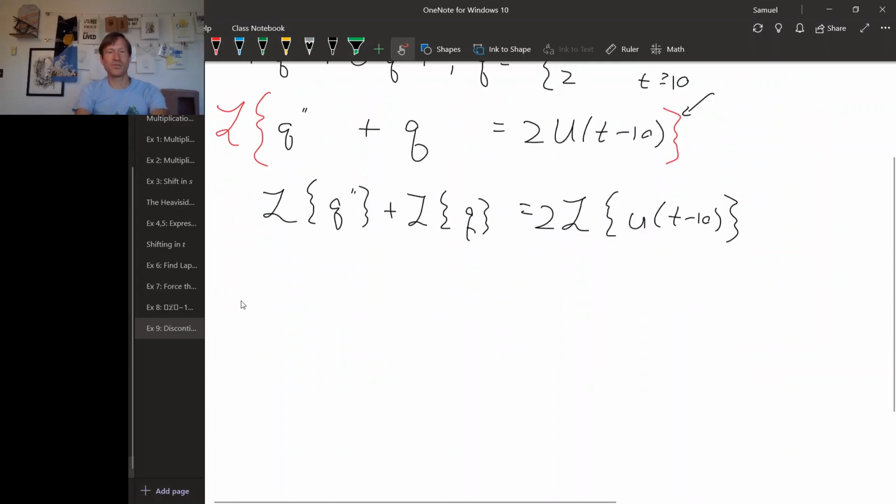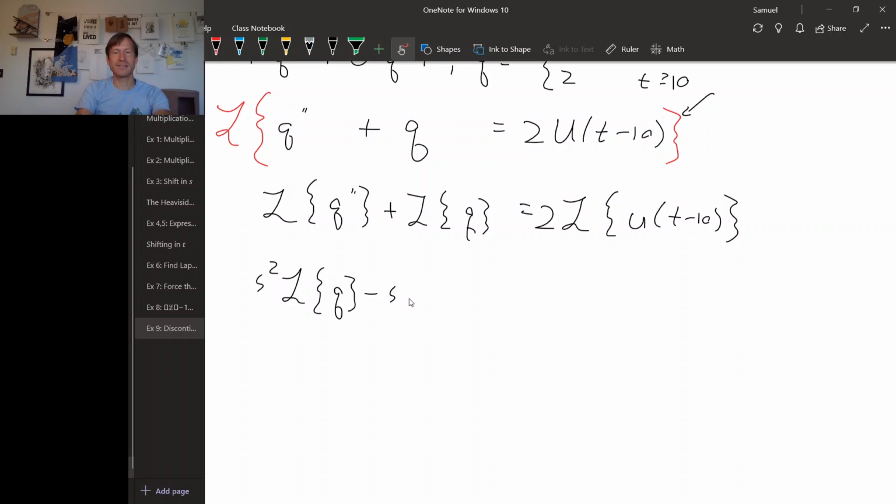Okay, the Laplace transform of q double prime is s squared times the Laplace transform of q minus s times q of 0 minus q prime of 0.